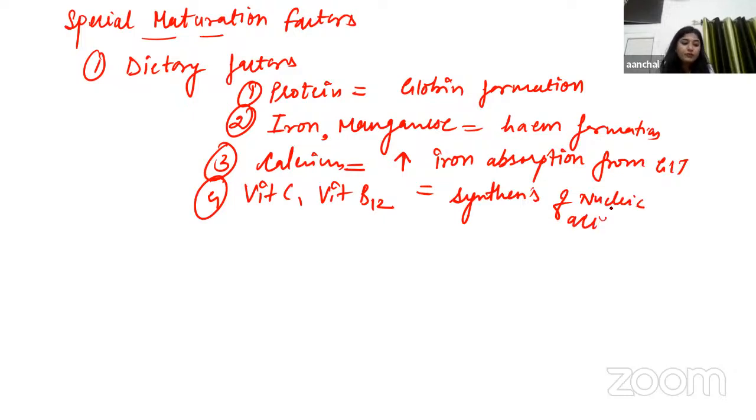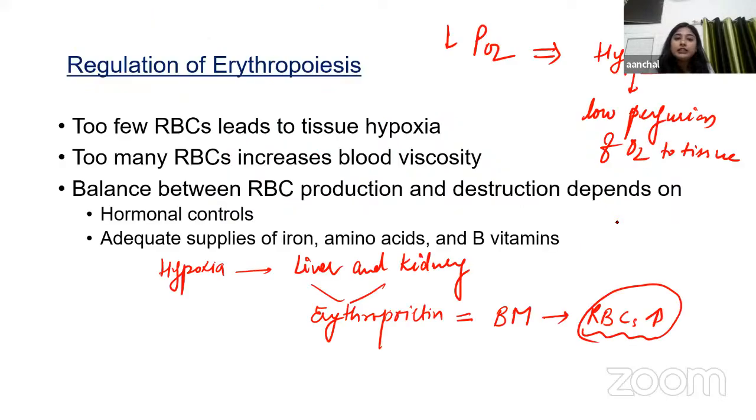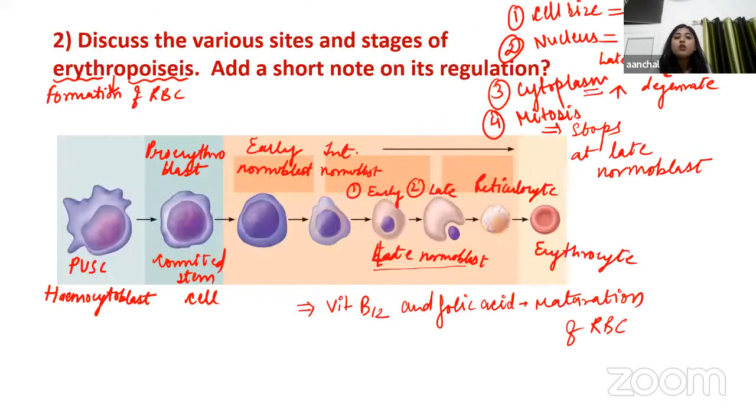Right. Now, if the question on erythropoiesis comes, then all the students need to tell what is erythropoiesis, then what are the stages in which RBC will develop, then you need to explain about cell size, nucleus, cytoplasm, mitosis, and also one thing: hemoglobin appears at intermediate normoblast.